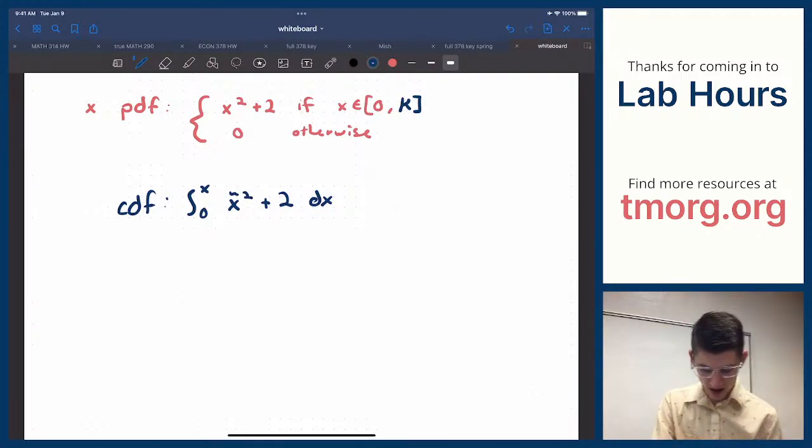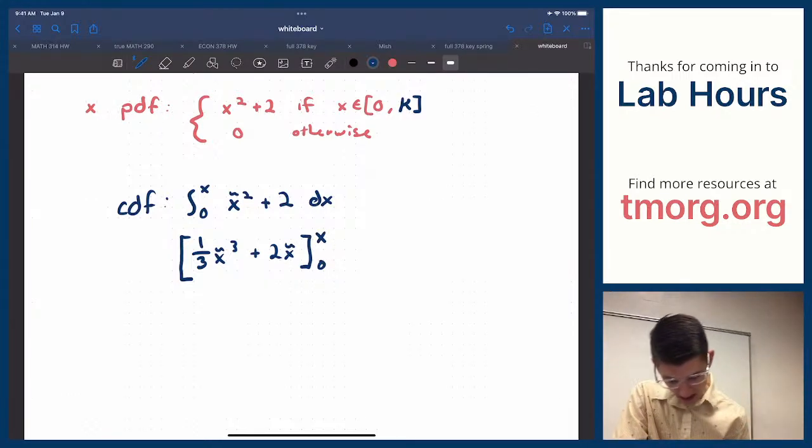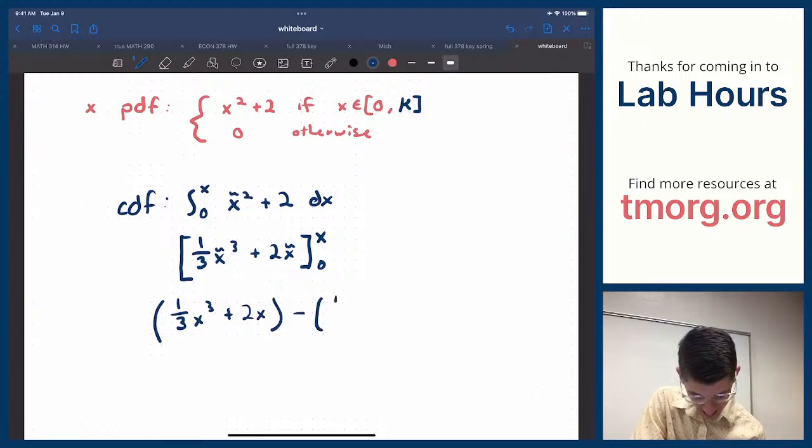So the way that I would run this one is, again, I'm going to turn this into 1/3 x squiggly cubed plus 2x squiggly, evaluated from 0 to x. And again, the nice thing is, and I'll write this one out this time, we turn that into 1/3 x cubed plus 2x minus 1/3 0 cubed plus 2 times 0.